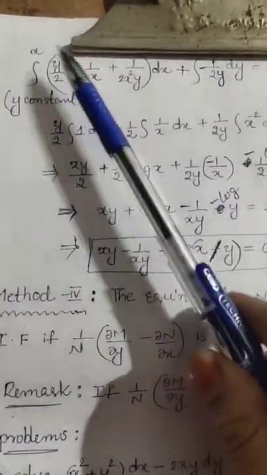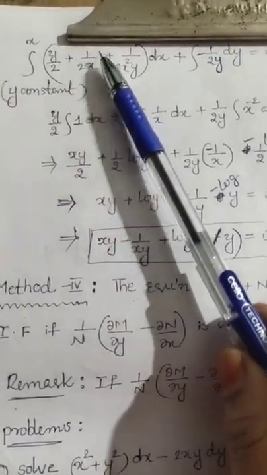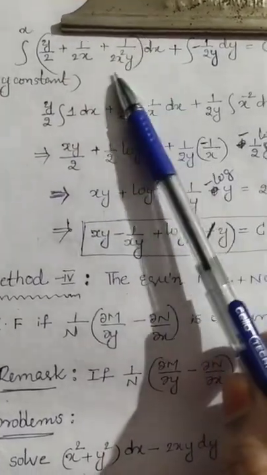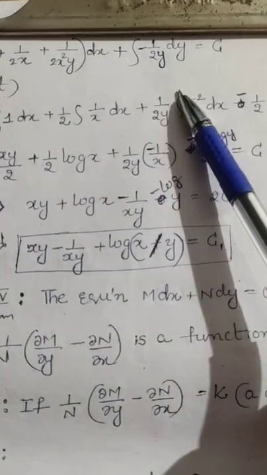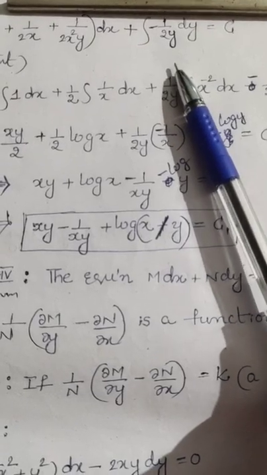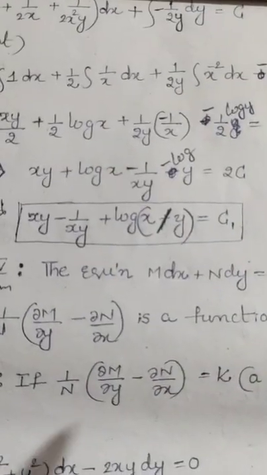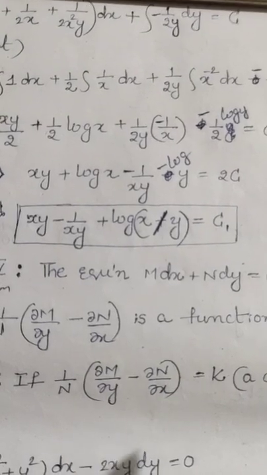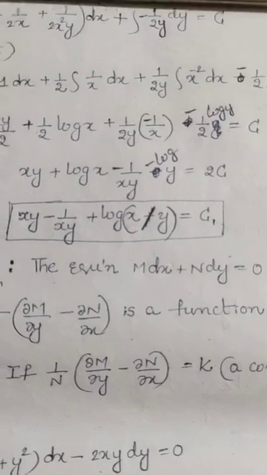That is, the integral, with y constant, integrating with respect to x, of M1, which is y/2 plus 1/(2x) plus 1/(2x²y), into dx, plus the terms of N1 not having x. N1 is x/2 minus 1/(2y) plus 1/(2xy²), so the only term not having x is minus 1/(2y).